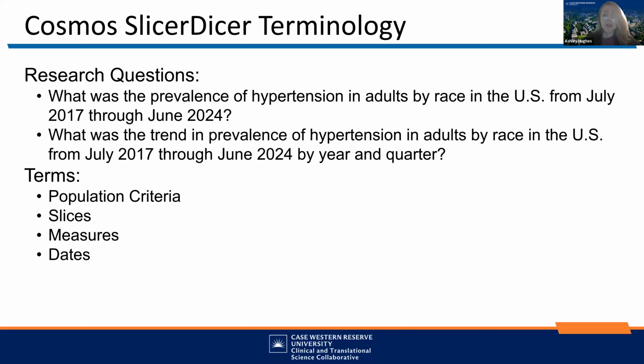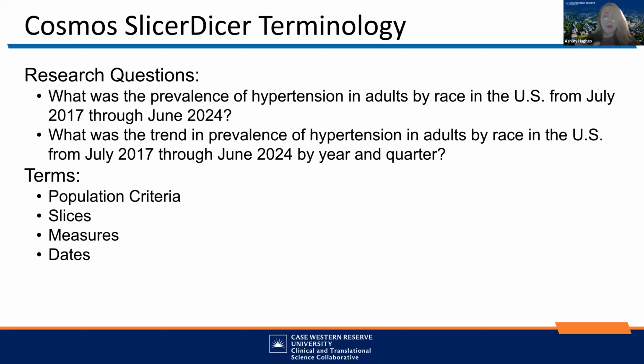So the key terms that I want to make sure that we cover are, I like the term, and I think Craig likes the term, population criteria. Epic will refer to this as just criteria. But when you think about a data model, you're going to ask yourself, what type of data am I interested in querying? So this could be encounters, this could be medications, this could be procedures, but that's going to determine what your base N is calculated off of.